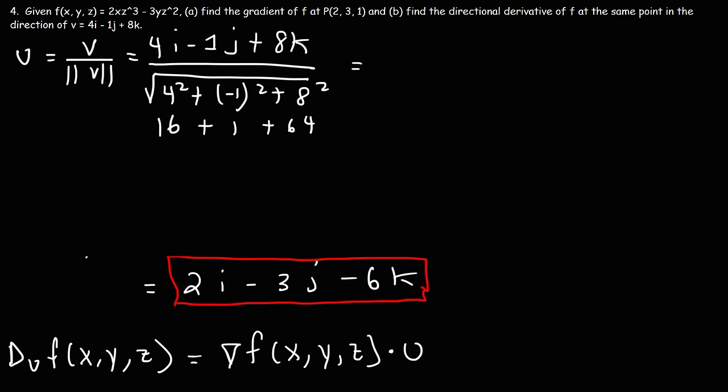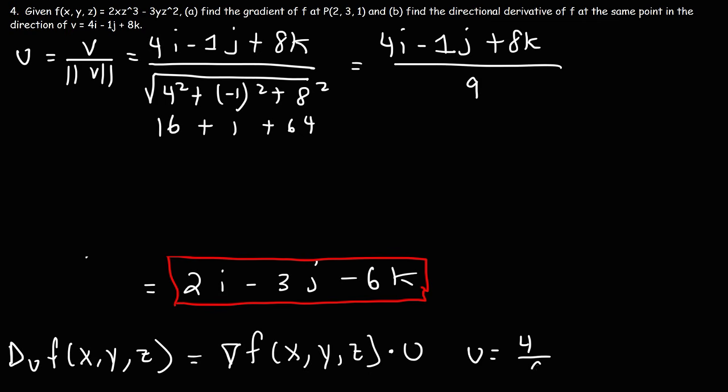So the square root of 81 is 9. So we have 4i minus 1j plus 8k over 9. So we can write the unit vector in this form. It's going to be 4 over 9 i minus 1 over 9 j plus 8 over 9 k.